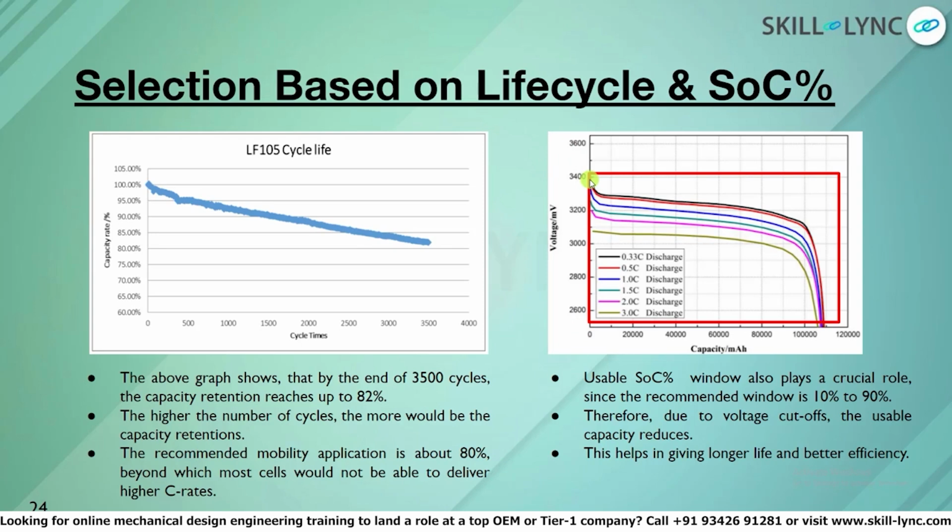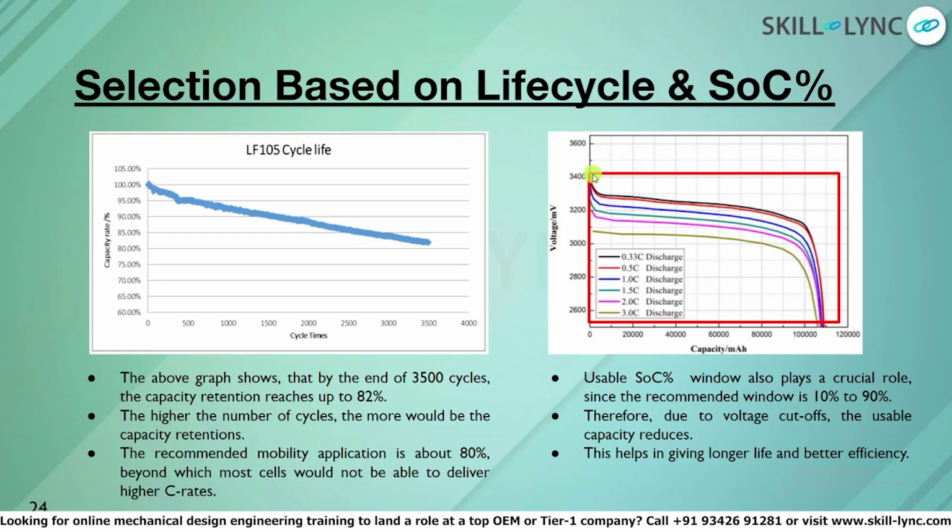But your need is 200 AH. You have selected a cell of 106.5 AH, which is typical, and minimum capacity is 105 AH. So when you reduce voltages like this, you lose some percent, like 5% or 10% of the capacity. Which means if you have two cells put in parallel, which is 105 AH into 2 becomes 210 AH, you are already 10 AH higher than what you need.